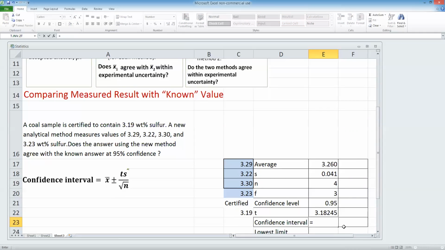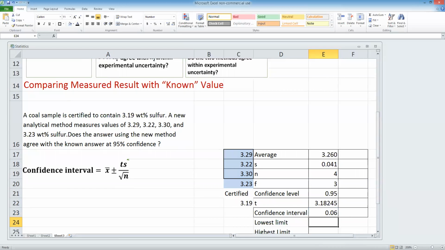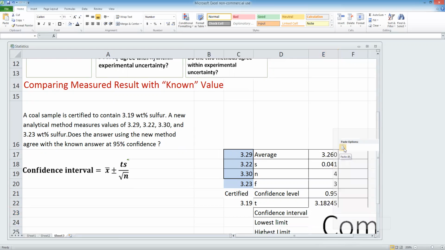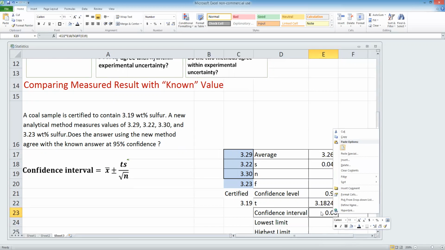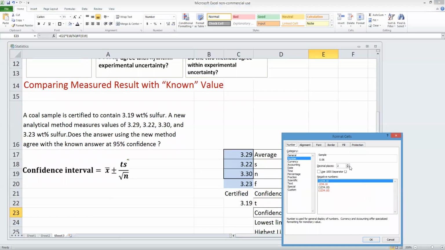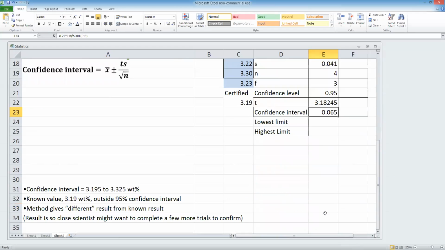So then you can calculate the confidence interval now. That will be the student t number times the standard deviation divided by the square root of the measurement count. For a more accurate calculation, we need to keep more significant figures. So for this cell, you keep one more digit. That's your answer.